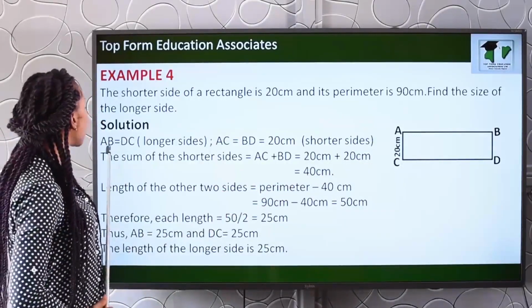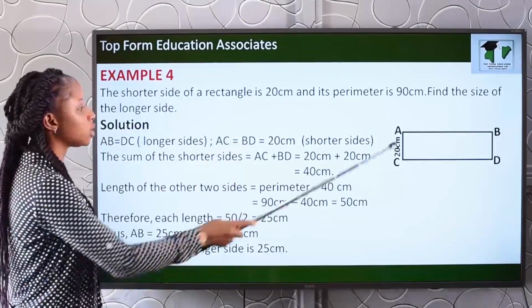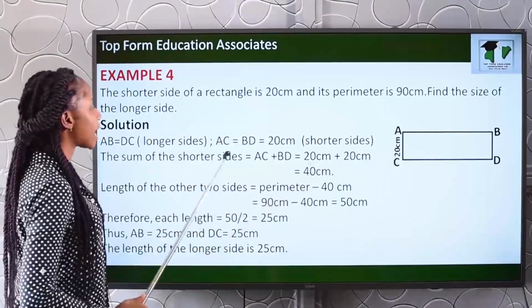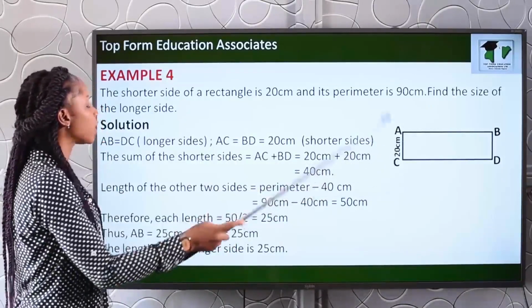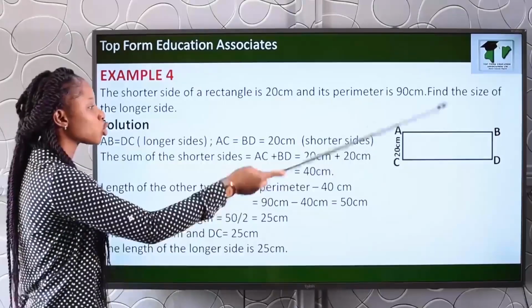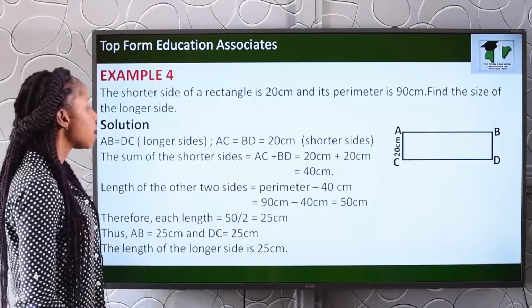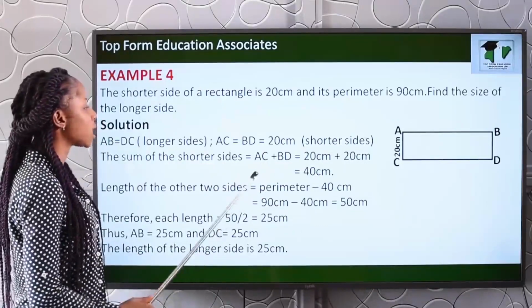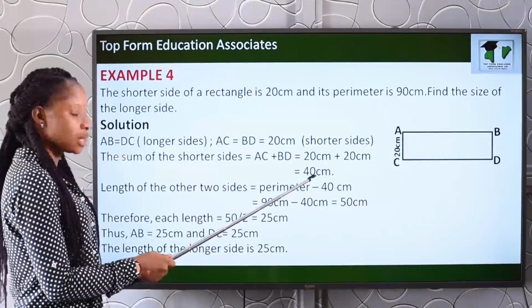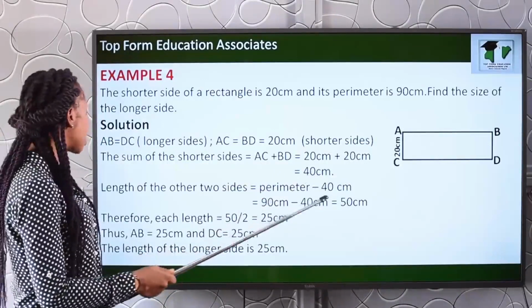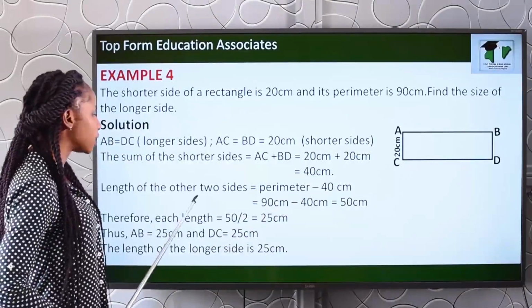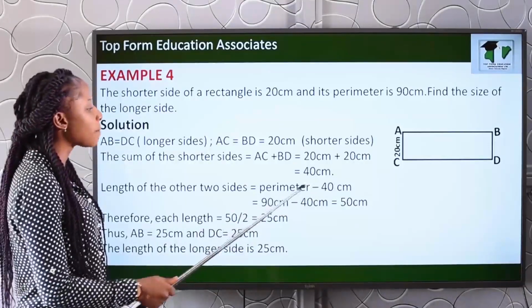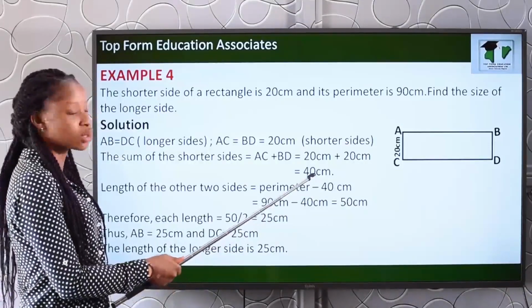AB is equal to DC, the longer side, and AC is equal to BD, which is 20 centimeters here and also 20 centimeters over there. Now, when we add the two shorter sides together, we have 40 centimeters. The length of the other two sides will now be the perimeter minus the sum of the shorter sides.